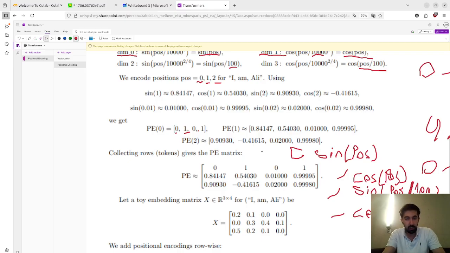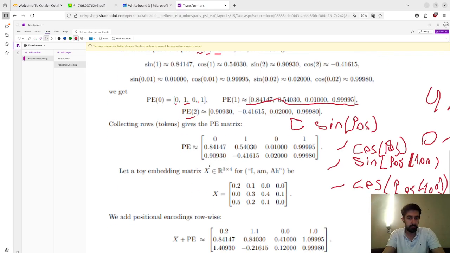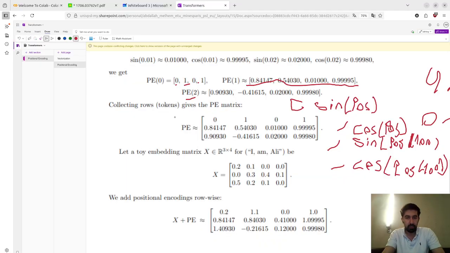For position equal to 1, sine 1, cosine 1, sine 1 over 100, which is sine 0.01, and cosine 1 over 100, which is cosine 0.01. We get this vector over here. The same for position 2. And finally, the positional embedding vector is this vector.